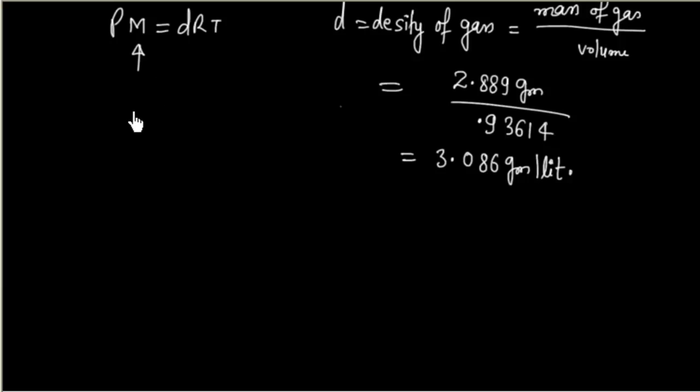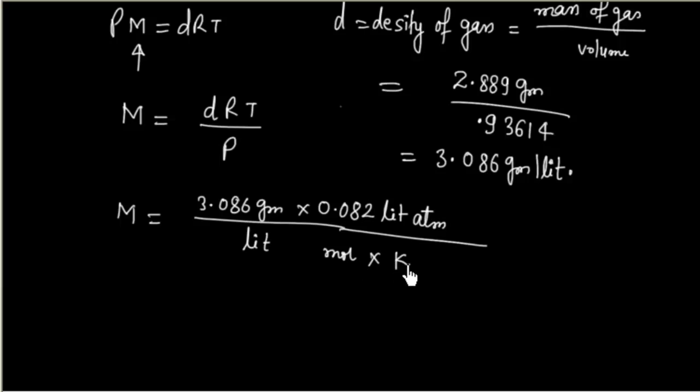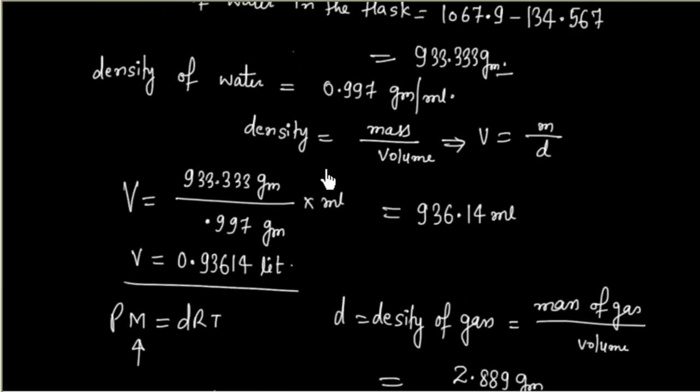Now we can use this formula PM is equal to dRT to calculate the molecular mass, that is nothing but dRT by P. So M is equal to d, we know d is 3.086 gram per liter, and R is 0.082 liter atmosphere per mole per Kelvin.